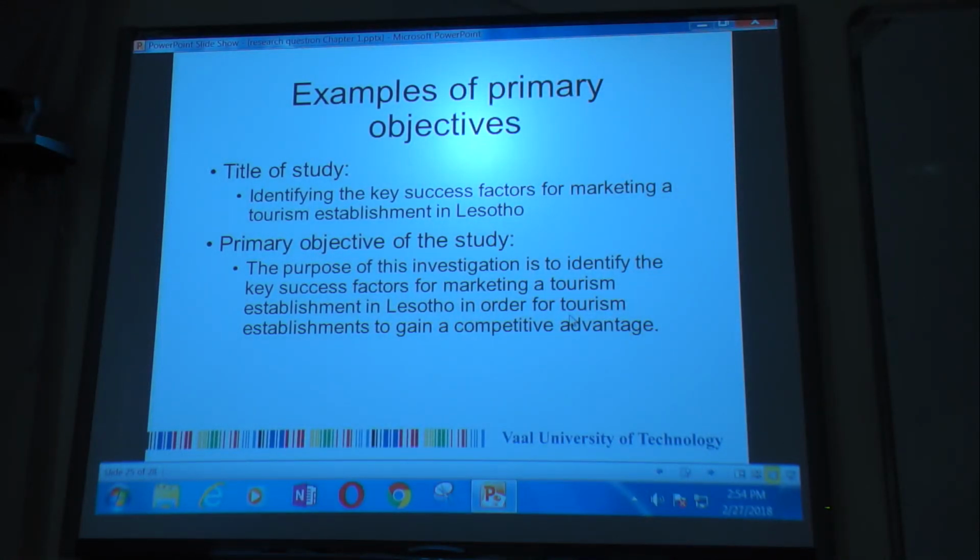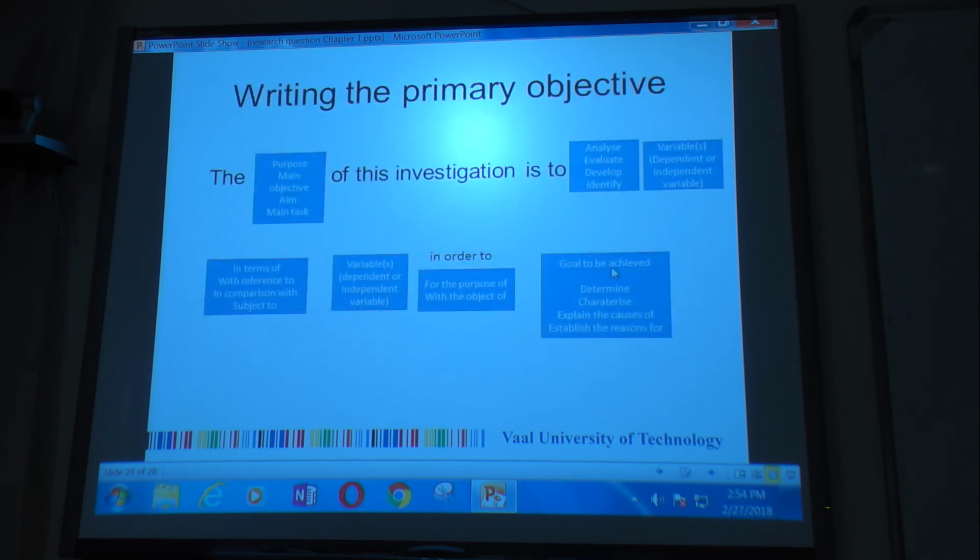Now I have a recipe for you for writing the objective. You just need to replace the blocks with your own variables and information. You can start by saying the main purpose, the main objective, the aim, the main task. You can use any one of those words, okay?